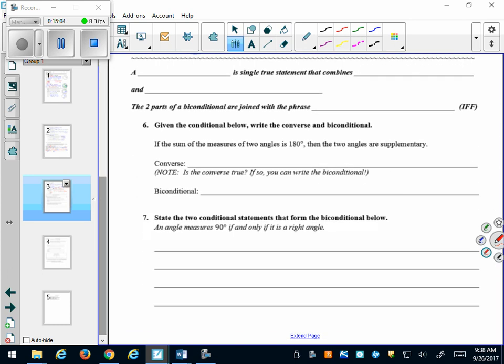So the last thing here on this page is talking about this word, biconditionals. And that's what goes in this first blank here. Biconditional. It's a single true statement that combines a conditional and its converse.